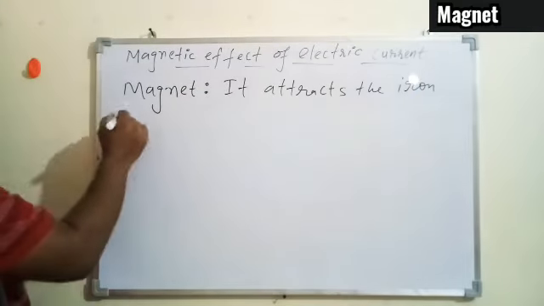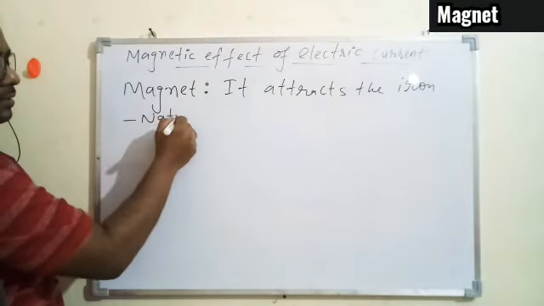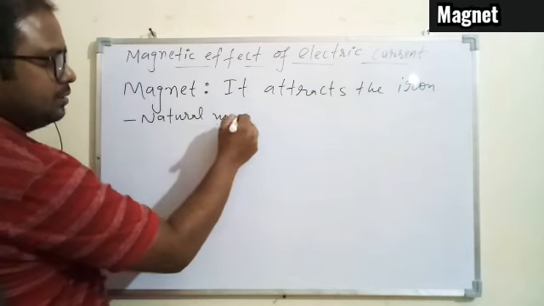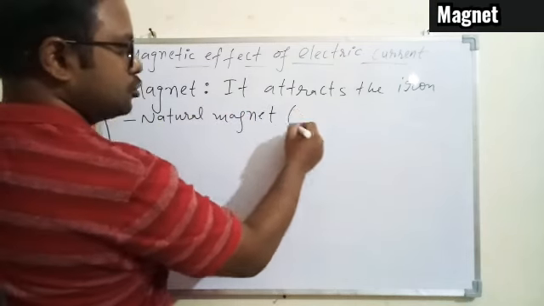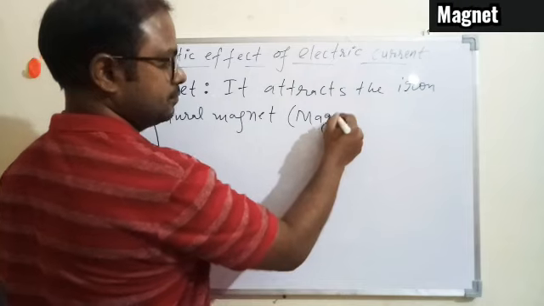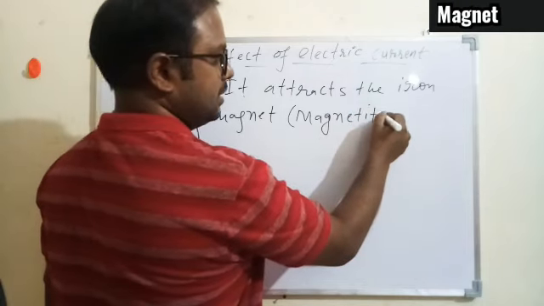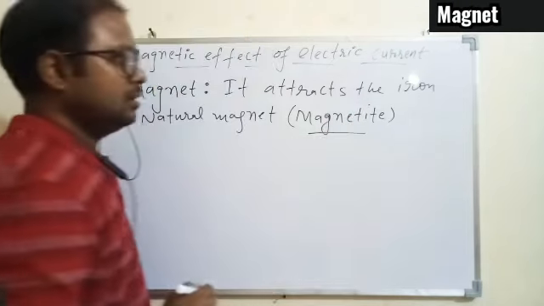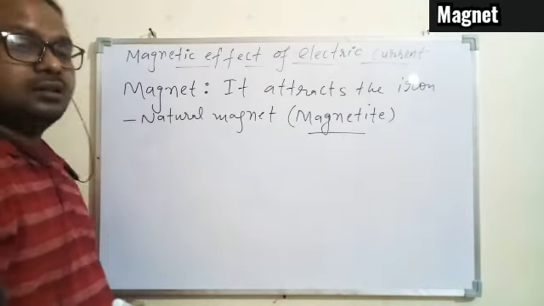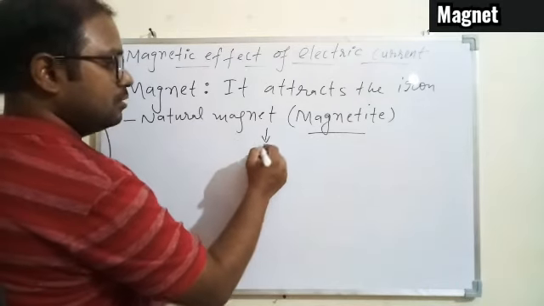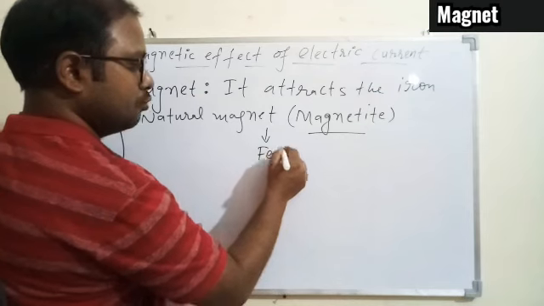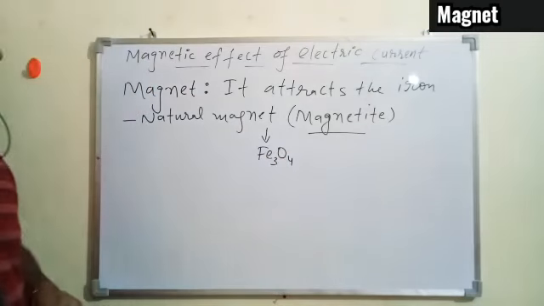Okay, so the magnet can be a natural magnet, that is obtained from the earth, also called magnetite. Magnetite is one of the magnets obtained from the earth, which has the chemical formula Fe3O4.